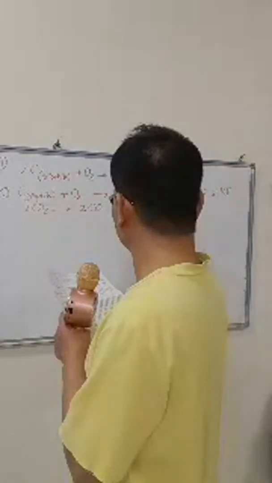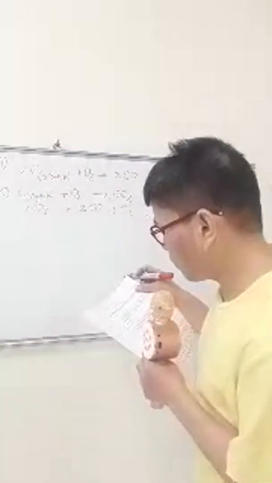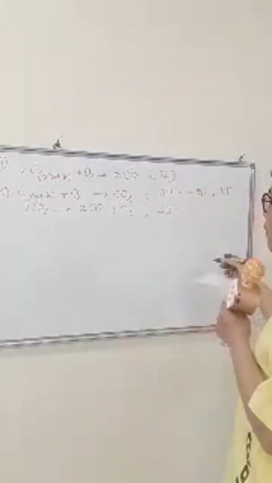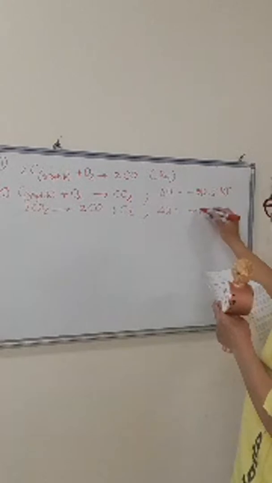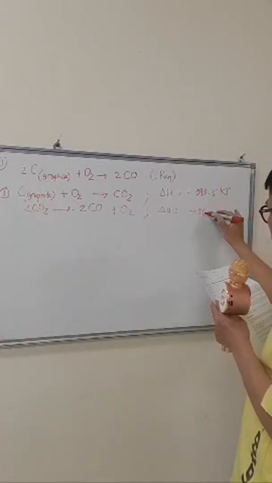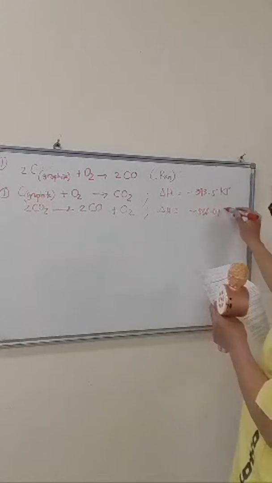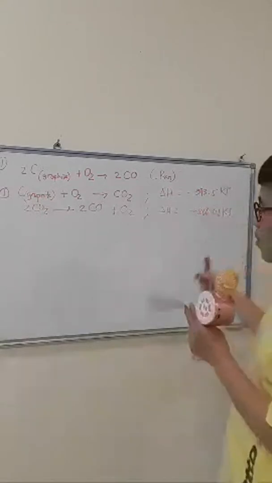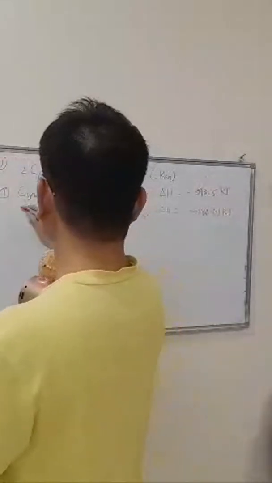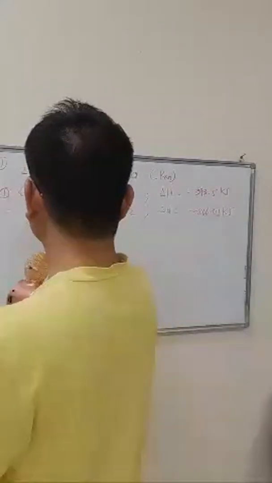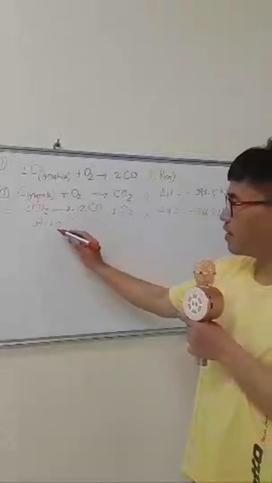So our delta H is negative 566.01 kilojoules. So calculate the enthalpy change of reaction. Meaning to say, we are asked for the delta H of the reaction, the enthalpy change of the reaction. Reaction is Rxn.